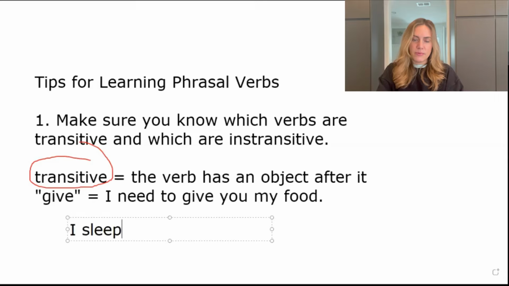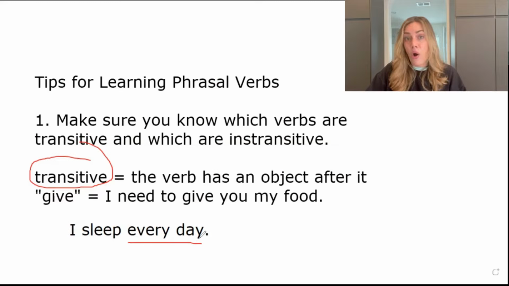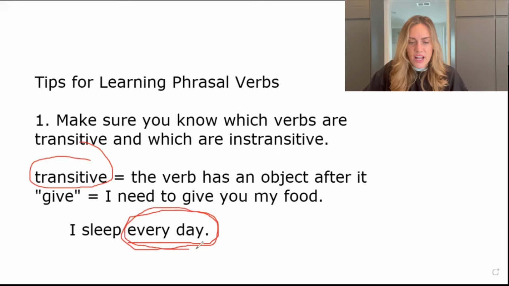"I sleep every day." Okay, I hope we all do. Sleep is a verb that does not take an object. You can't put an object after sleep. What are you gonna say? "I sleep myself"? No, we can't do that. We can say every day. We can say how often or for how long, but that's not an object. This is telling us how often.